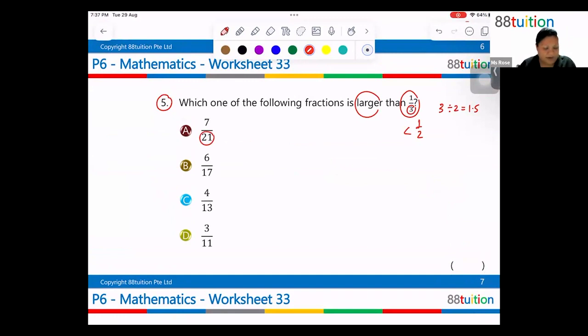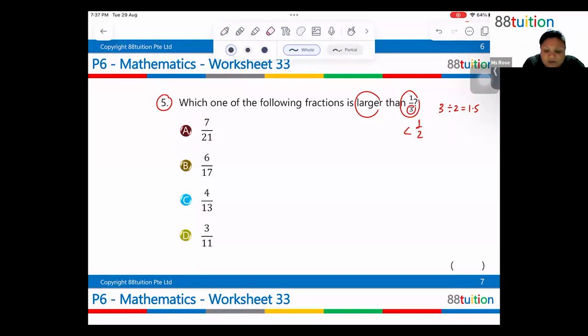Half of 21 is 10.5. So this is small. Half of 17, so we do by elimination. A is a possible answer. If I look at B, 6/17, half of 17 is 8.5. So if you look at all of them, they are all possible answers, right?